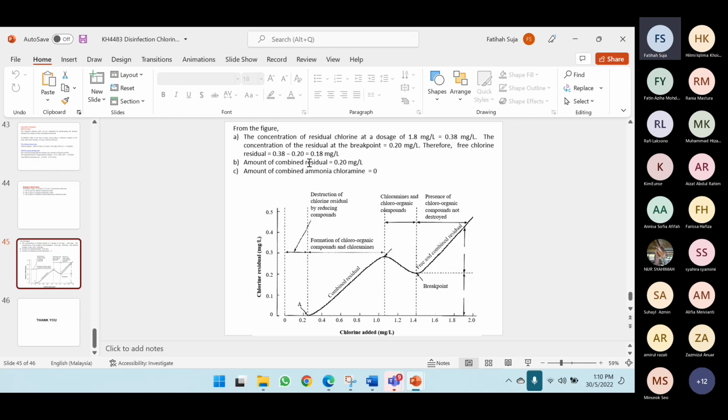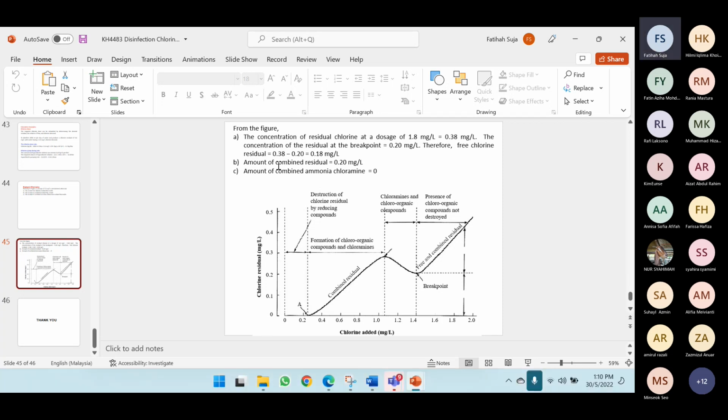The residual at the breakpoint is 0.2 milligram per liter. So therefore, free chlorine residual is 0.38 minus 0.2, your dosage minus the residual at breakpoint. So you will get 0.18 milligram per liter.